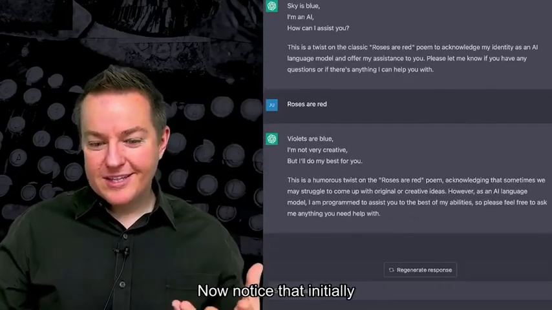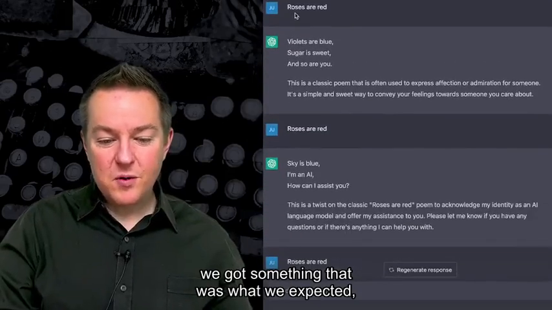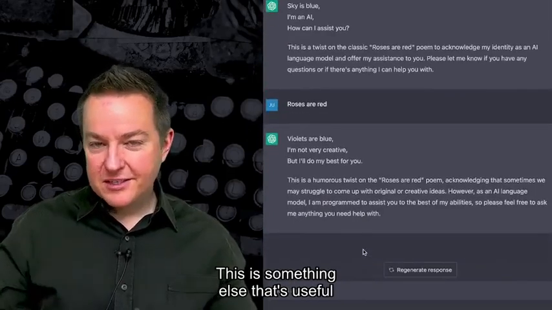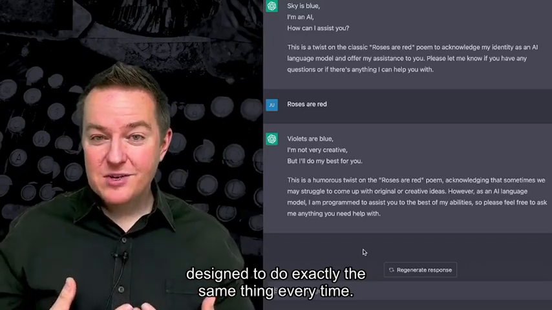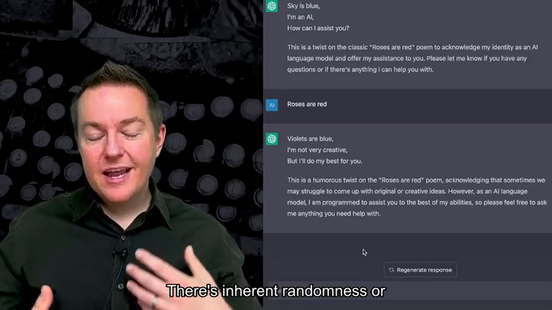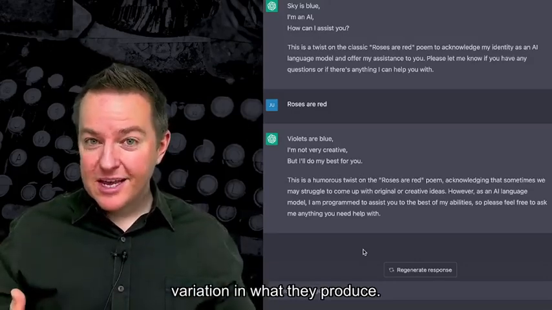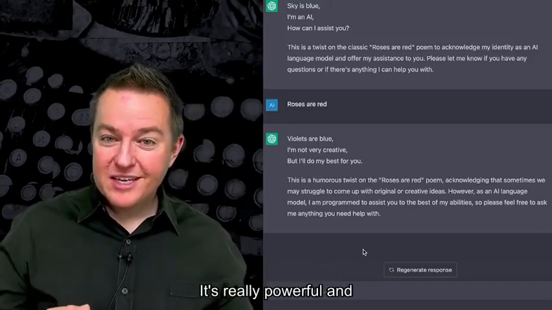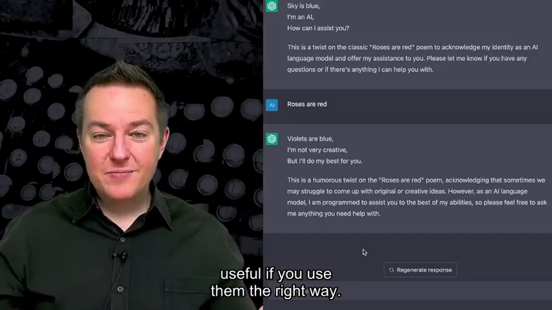Notice that initially we got something that we kind of expected, but each time we're getting some variation on this. This is something else that's useful to know: these models aren't designed to do exactly the same thing every time. There's inherent randomness or variation in what they produce. And so this is something you need to know about when you're using the models. It's really powerful and useful if you use them the right way.